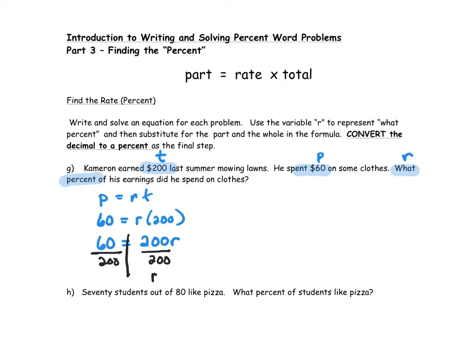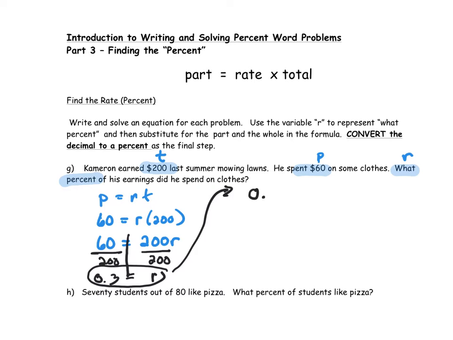And that answer is 0.3 equals r. However, we need r to be a percentage, and right now it's a decimal. As we just discussed earlier, we have two methods.